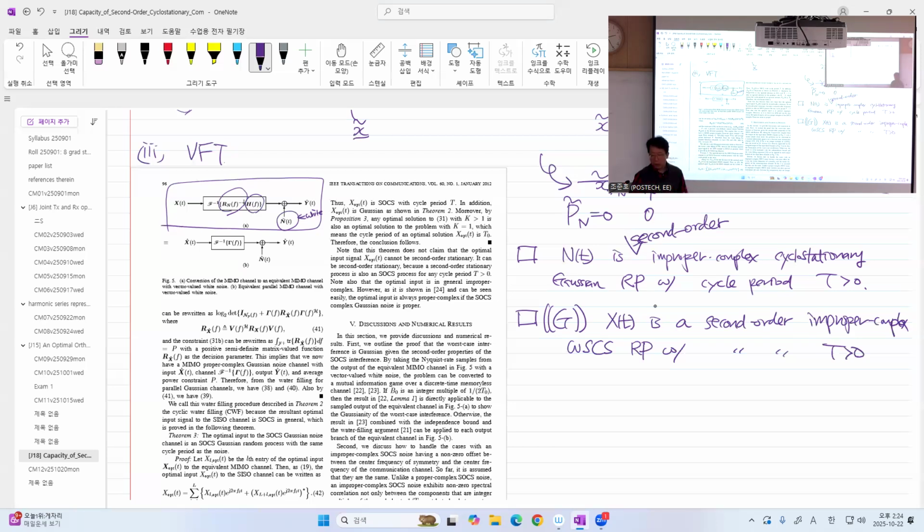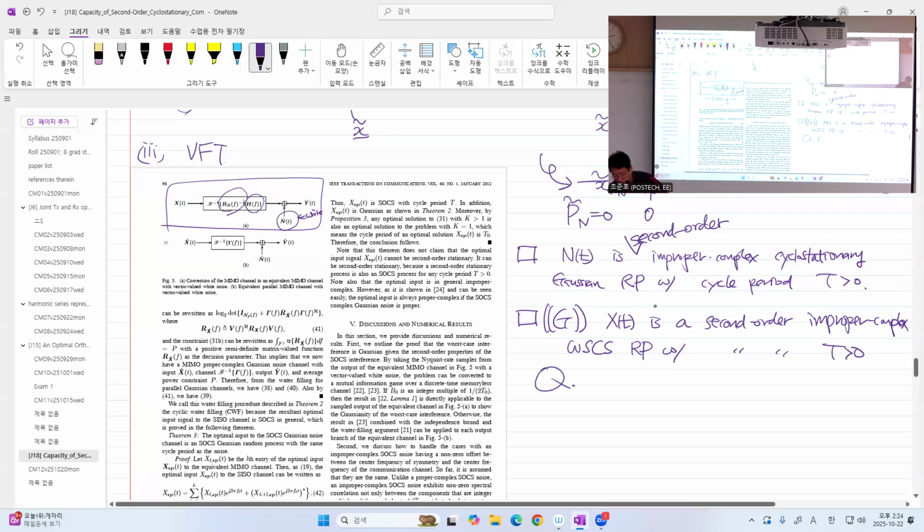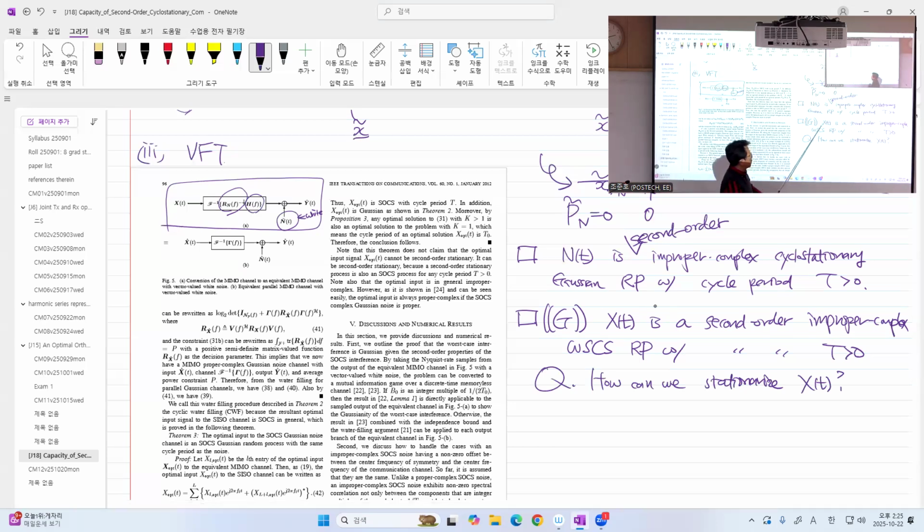Then the question is, how can we stationarize x of t? If x is real wide-sense cyclostationary, or if x is proper complex wide-sense cyclostationary, then there are two methods. One is to utilize the harmonic series representation of such a random process, and the other is the translation series representation, which we haven't yet covered, but will soon cover.